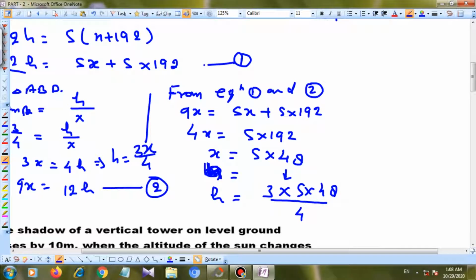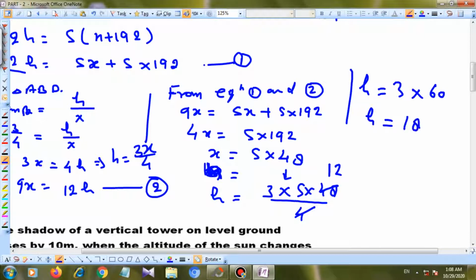When you solve, you will get 12, so the value of h will be 3 into 60. So the answer will be 180 meter. It means the height of the tower will be 180 meter.